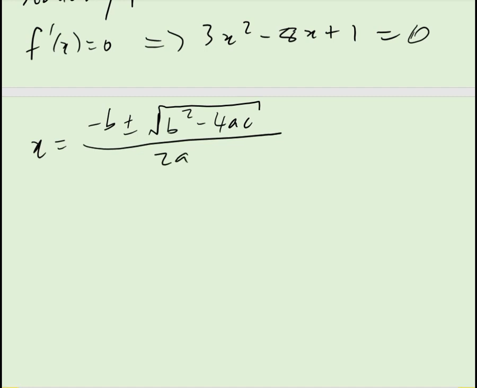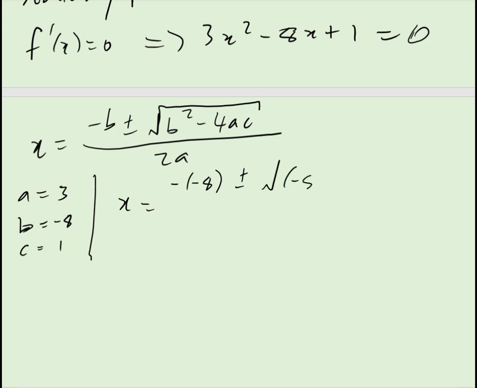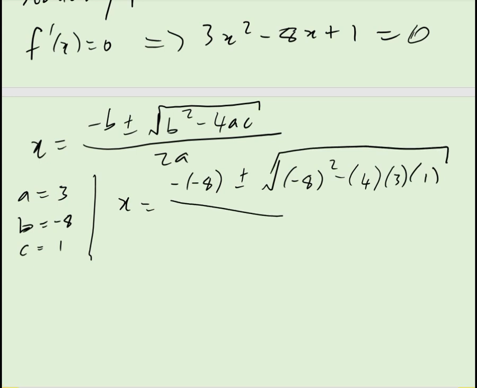In our example, a is 3, b is negative 8, and c is 1. So we can solve here. So x is negative negative 8 plus or minus the square root of negative 8 squared minus 4 times 3 times 1, all over 2 times 3.